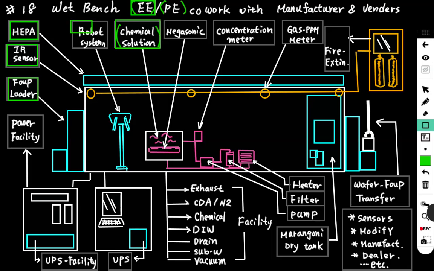Of course, the robot system vendor, and the process megasonic cleaner device vendor, and the chemical concentration meter vendor, and a gas concentration meter vendor. And very important is the fire extinguisher system vendor.